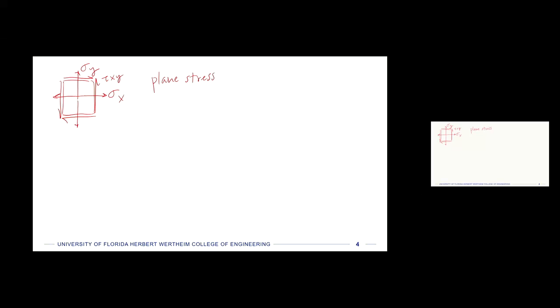And so if we do that, now we're no longer in a uniaxial stress state, and we might in fact have a combination of stresses in order to calculate this maximum shear stress. So if we have a stress state like this, we can come out with principal stresses, sigma 1 and sigma 2.